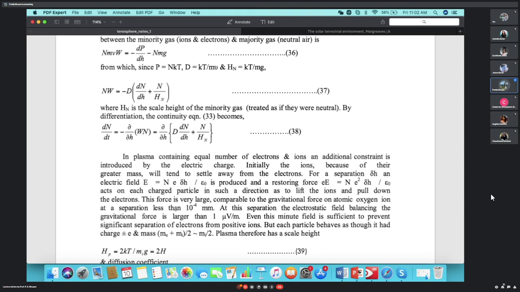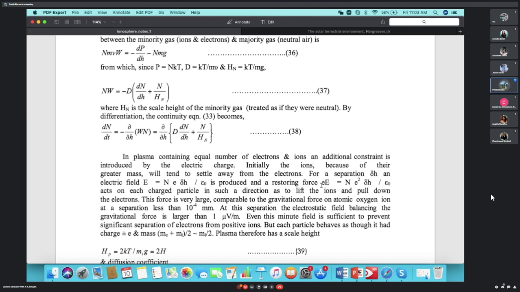At a separation of 10 to the power minus 4 millimeter, the gravitational force is negligible compared to the electric restoring force. The gravitational force, as you know, is very small on these ions and electrons, or particles of the size of atoms or molecules.